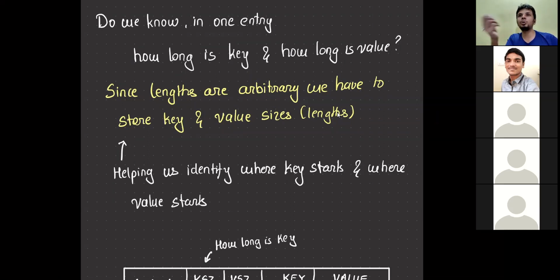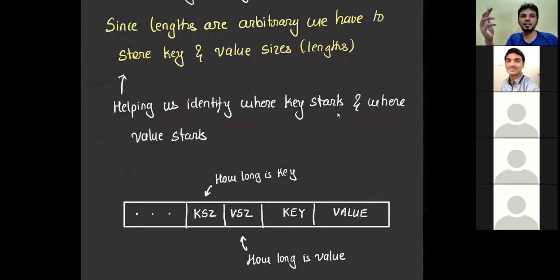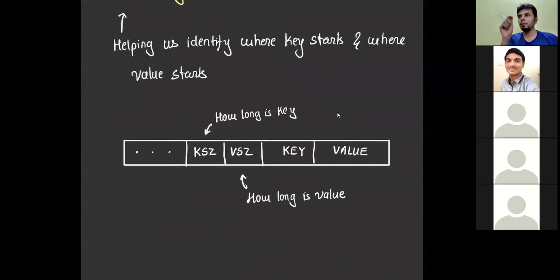We don't know how big the key length is. So when we are implementing the storage, up till now we were just storing key and value, but we would also need to know what's the key size, how long is the key, and what's the value size, meaning how long is the value.